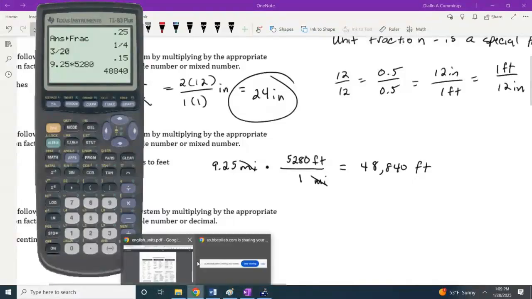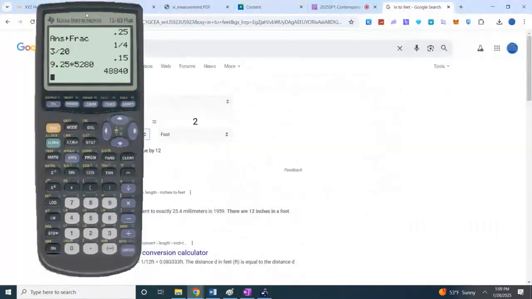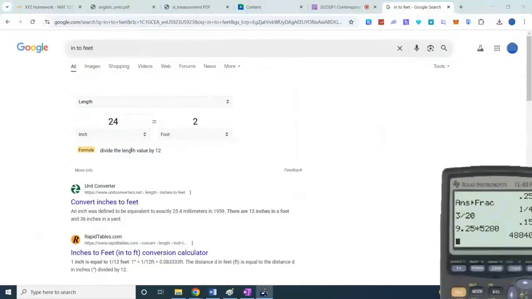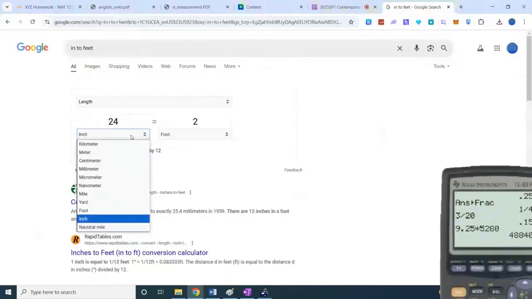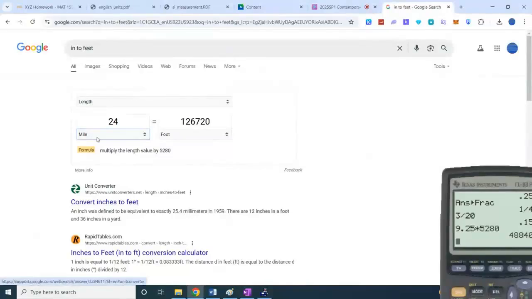I'm going to pull up Google, and let's see if there is a mile in here. So over here, I'm going to put mile. Over here, I'm going to put foot. And I'm going to put in 9.25 miles.